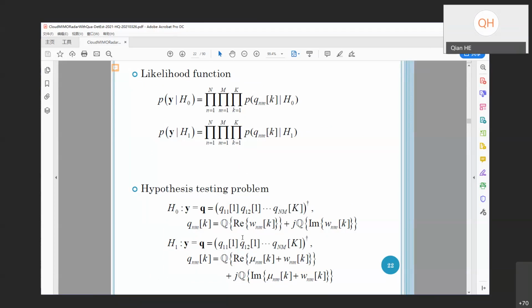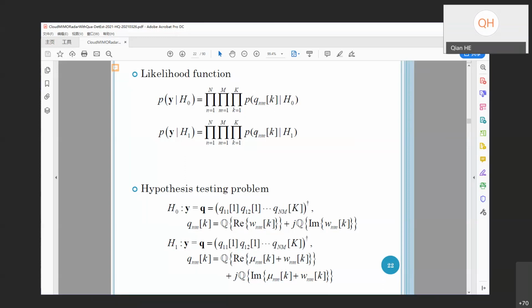So all you need to do is figure out the probability density function of this quantized data, and think about the joint distribution of them. So you can have that expression, which is equal to the likelihood function. You take the computation, and eventually you end up with a likelihood function under H0 and under H1. That means if there's no target, what does your observation look like, and what's the distribution of it? It has to do with its likelihood function, and you compute all of them.